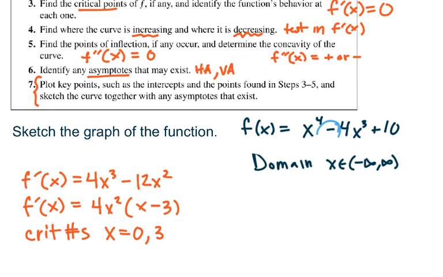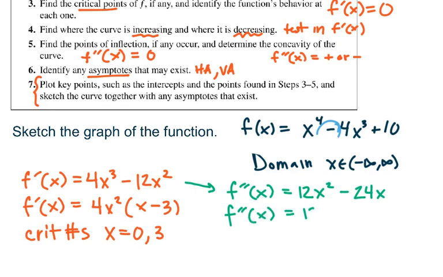All right, my second derivative, f double prime of x, that's the derivative of my first derivative, I end up with 12x squared minus 24x. And again, I want to factor it because it's going to make my life easier later down the road when I have to plug in numbers to test.